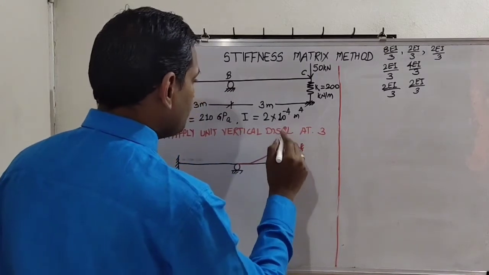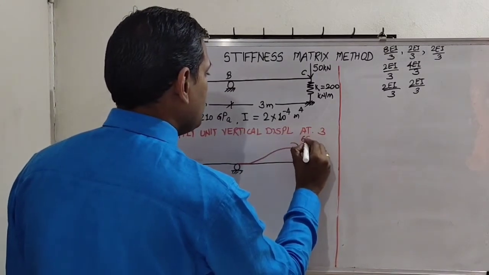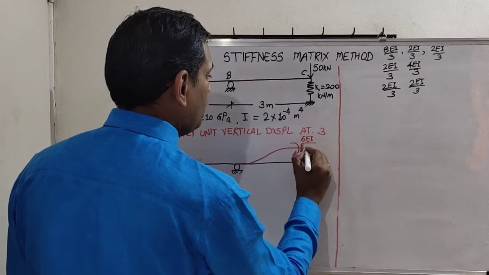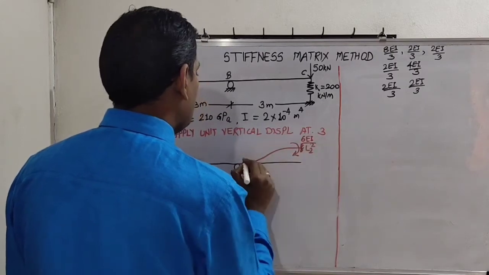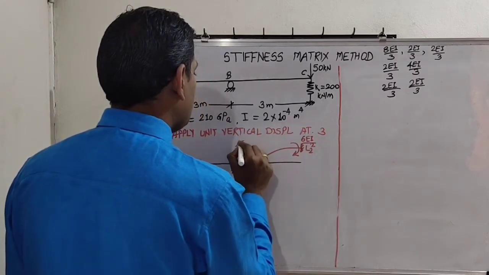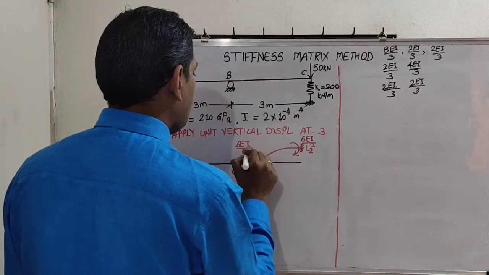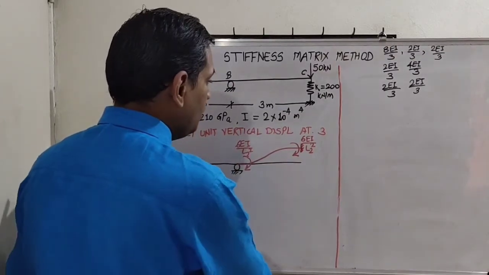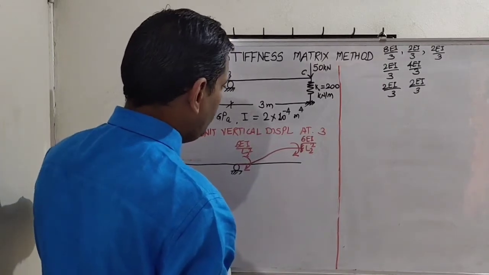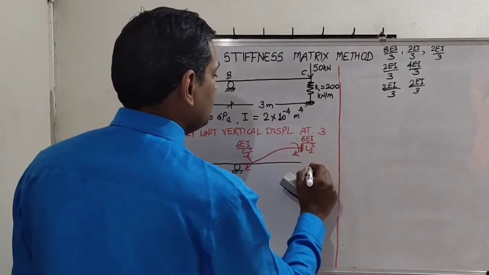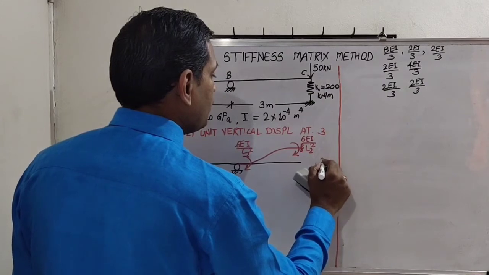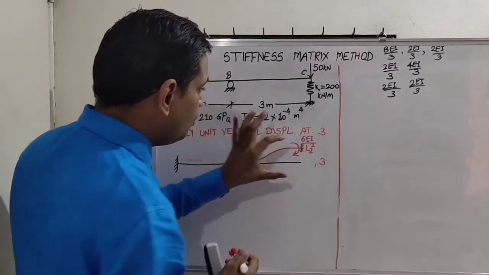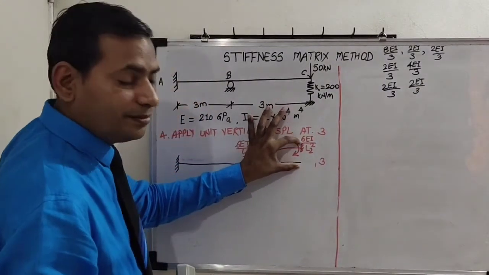Fixed end moment because of sway is 6EIΔ upon L2 square. Same will be here, 6EI upon L2 square. Now we will find what are its stiffness values because of this unit vertical displacement.